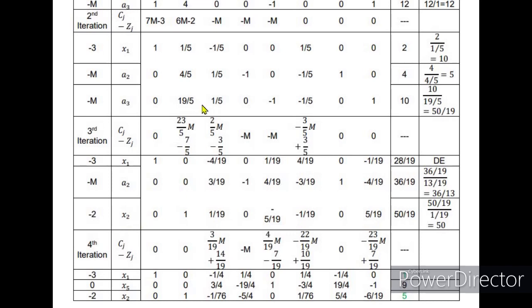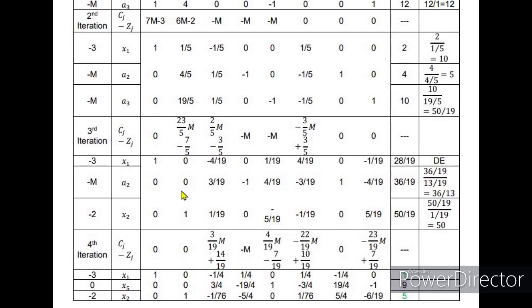So how do we replace it? We will now divide all the elements of a sub 3 here in the second iteration with the pivot element. So this is the pivot element because it is in the intersection of our chosen column and our chosen row.